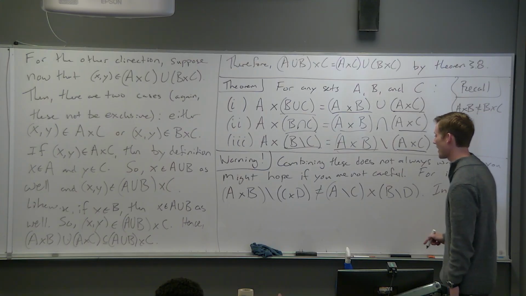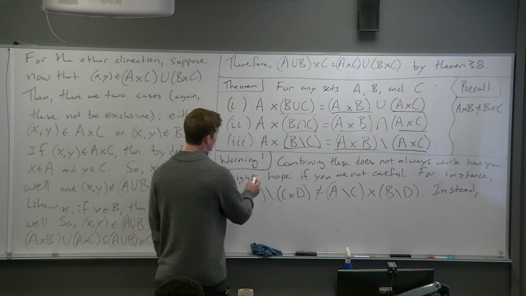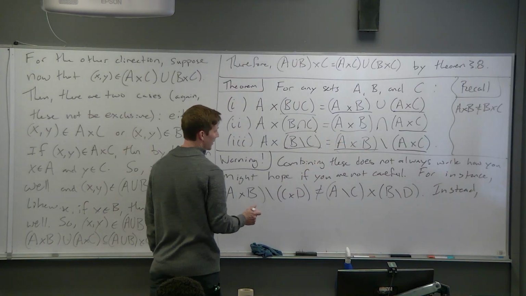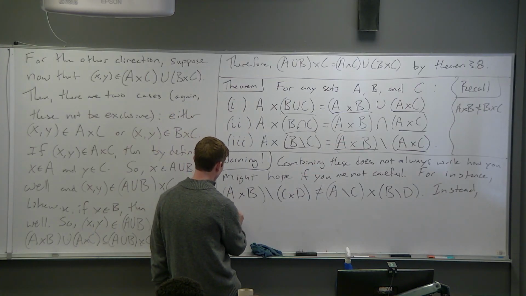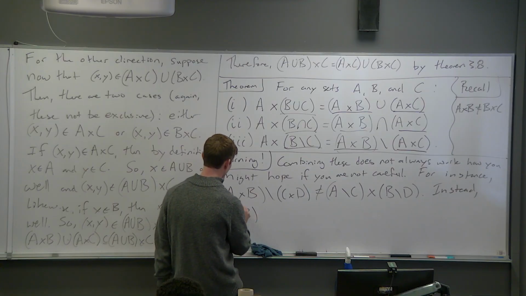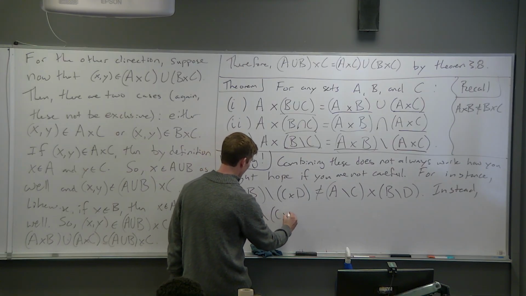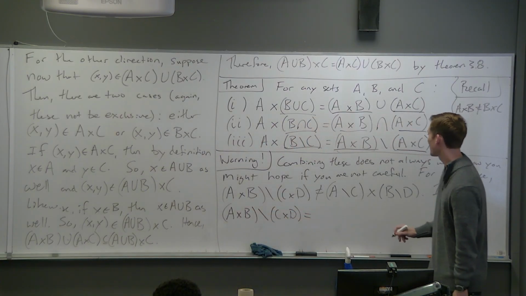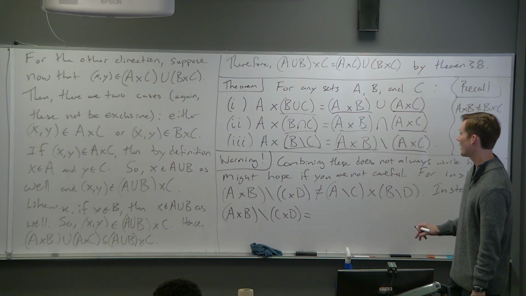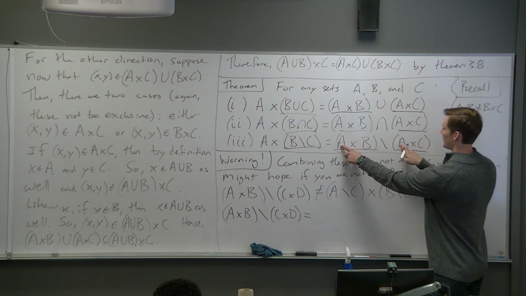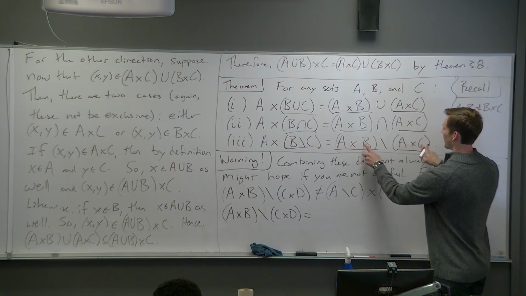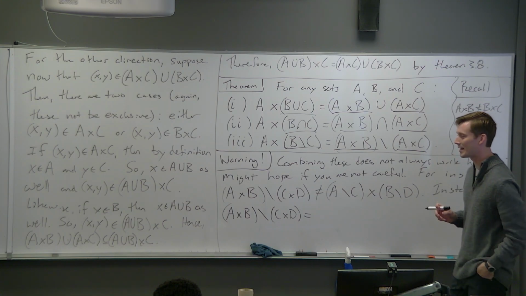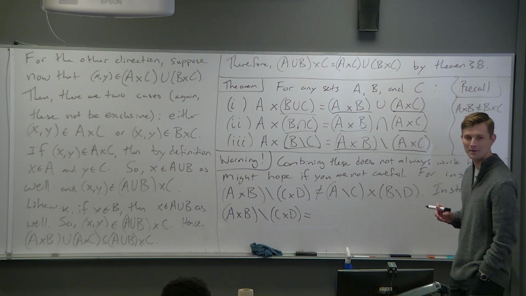Instead, what ends up happening, well, if we try to use something like this result right here, A cross B set minus C cross D. Well, it looks like this one, but now these are not quite the same. Oh, this is a little bit tricky. What would the right statement be?